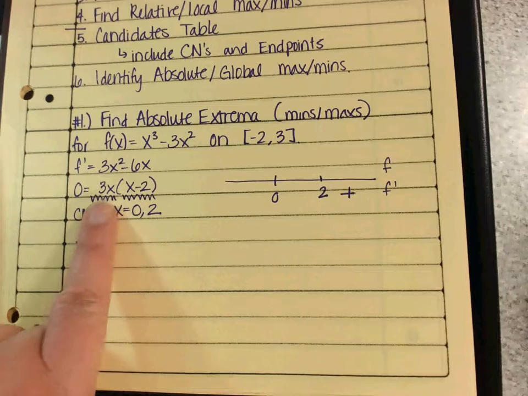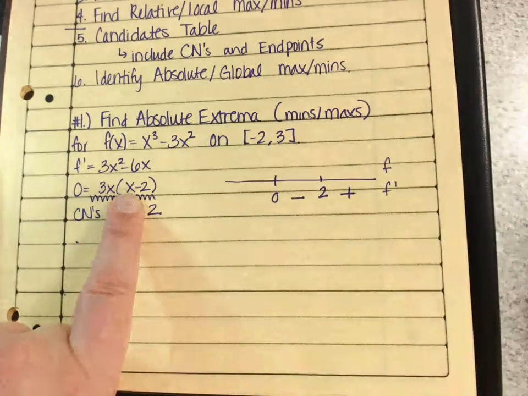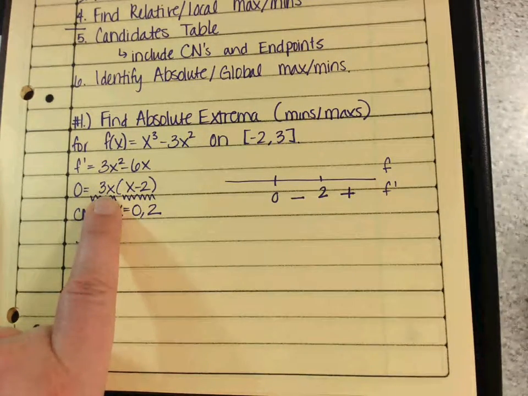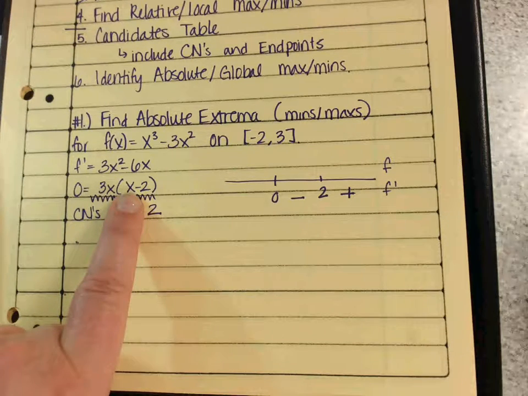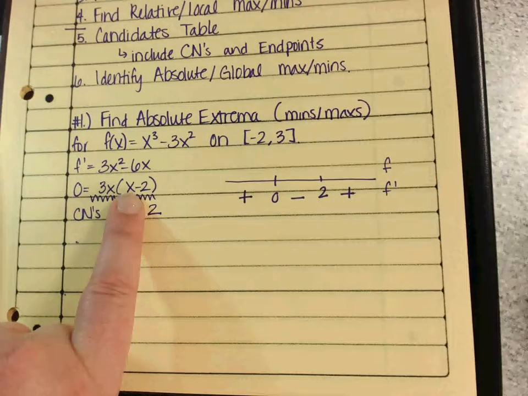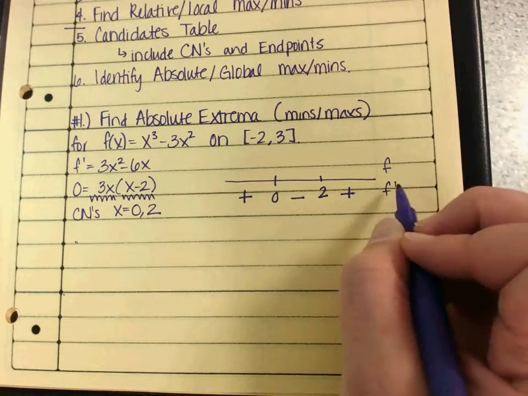Next, I'm going to plug in 1. 3 times 1 is? 1 minus 2 is? Multiply positive and negative, you get a negative. Smaller than 0, say I pick -2. 3 times -2 is? And -2 minus 2 is also negative. Multiply 2 negatives, you get a positive. Good? If f prime is positive, what was f doing?